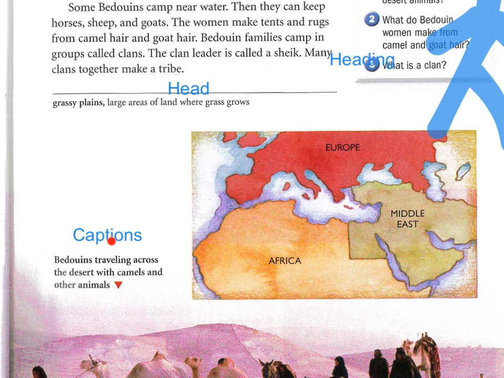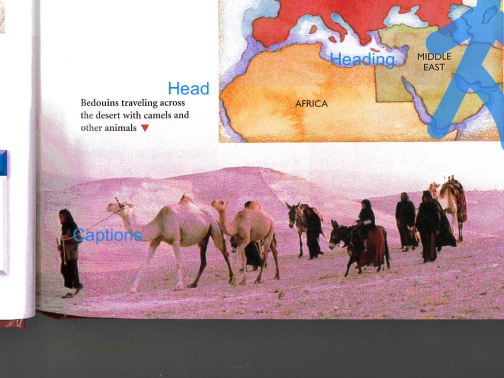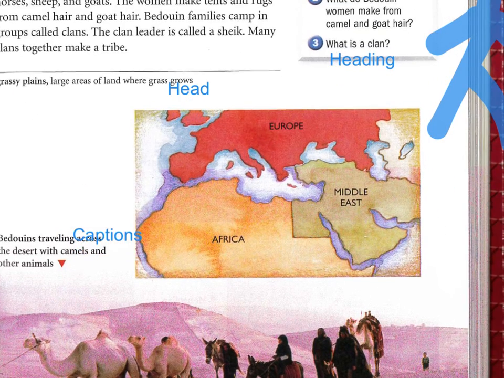Caption. Bedouins traveling across the desert with camels and other animals. Where's the picture? There's the Bedouin traveling across the desert with camels and other animals. And we have a map.